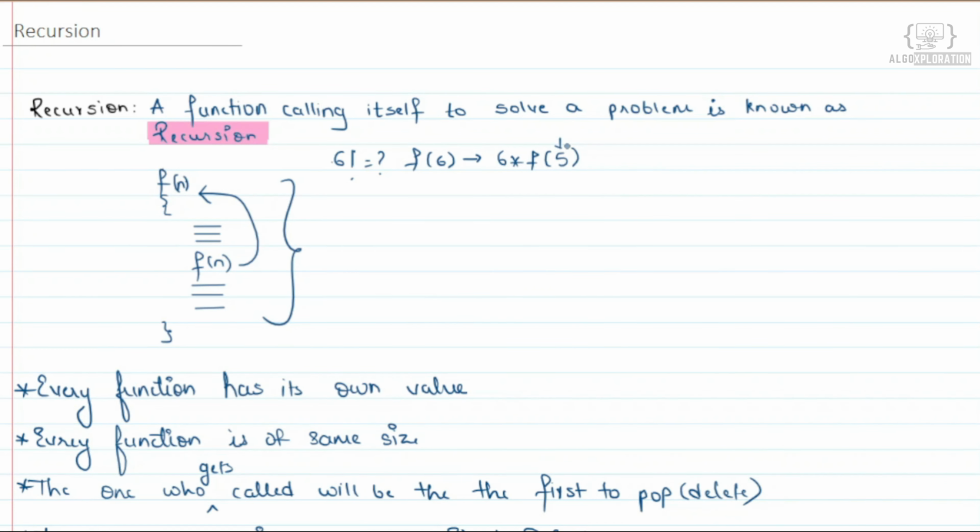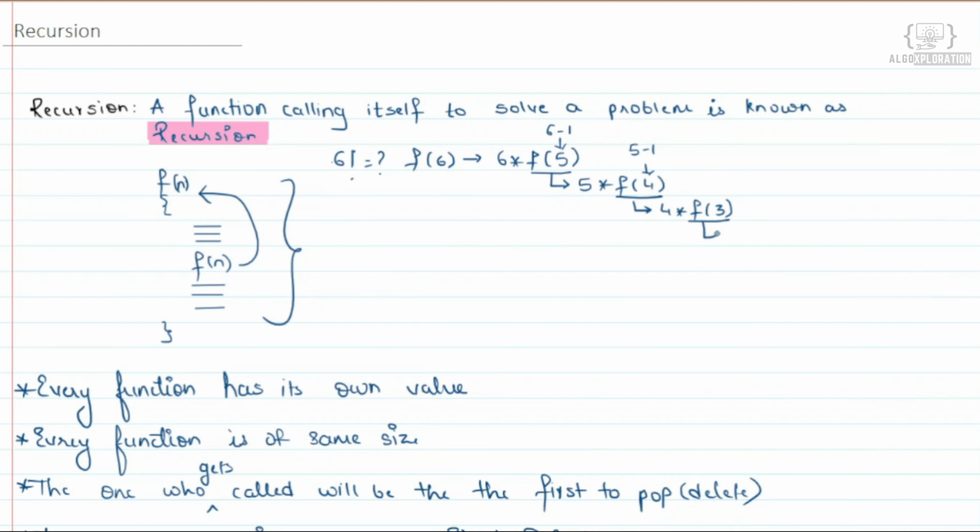This is nothing but 6 minus 1. When f of 5 is called, this will do 5 into f of 4. Here 4 is nothing but 5 minus 1. Similarly, when f of 4 is called, this will do 4 into f of 3.